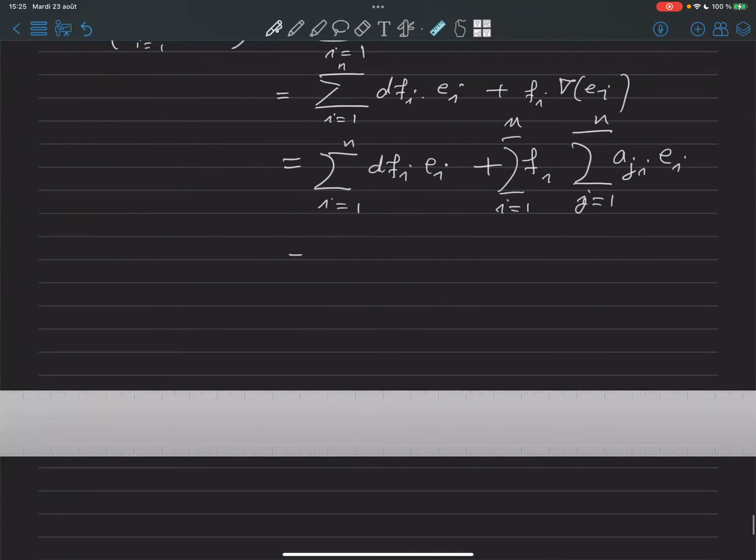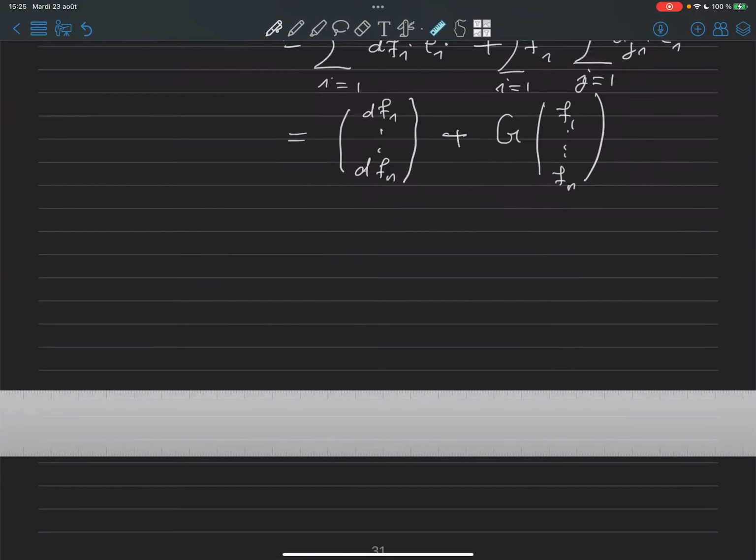And this is exactly multiplying, meaning that we have this, and here G is exactly the matrix, this matrix. If I fix here e, then what is G e.